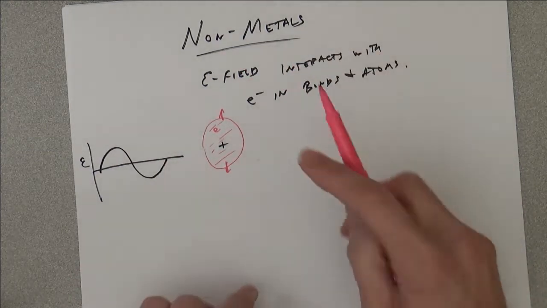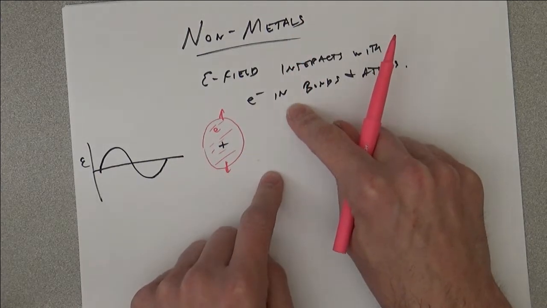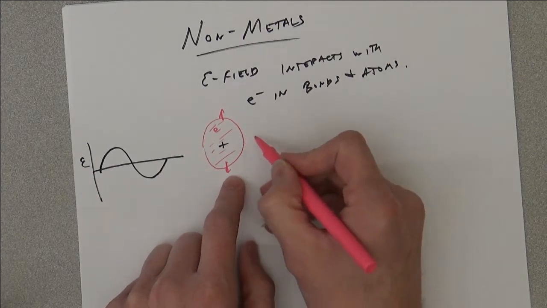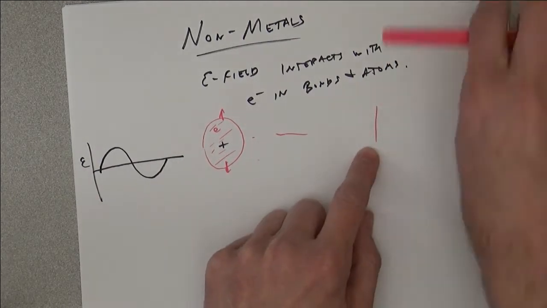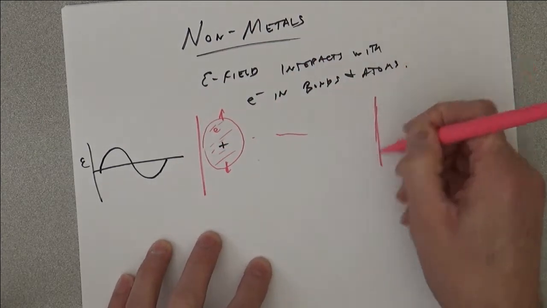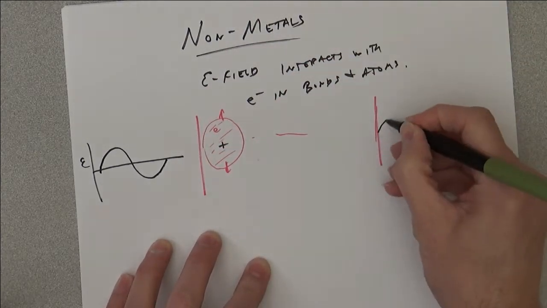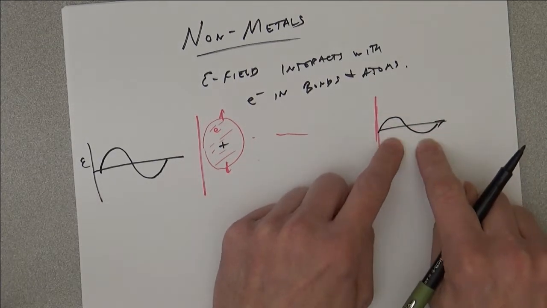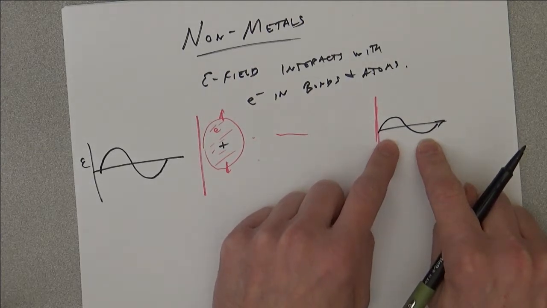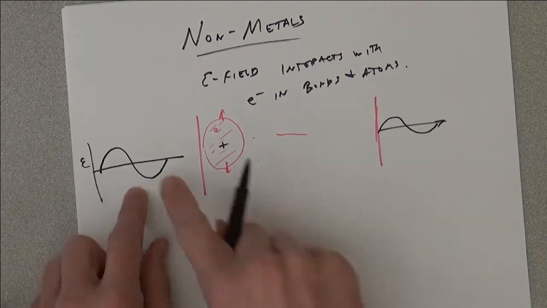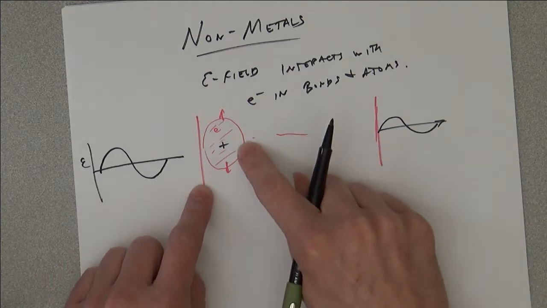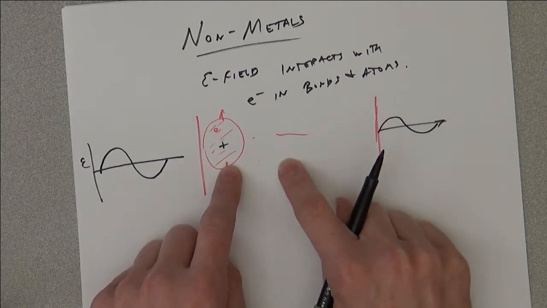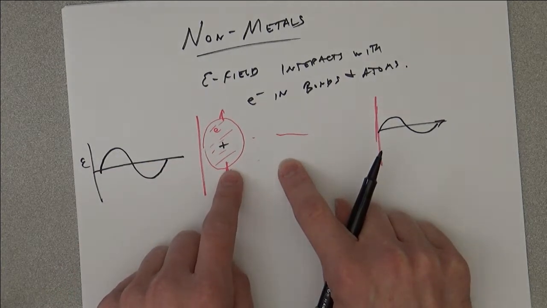And when they oscillate, then they will further emit an electric field, and they'll pass from one to the next until they get to the other edge, and they will give off an electric field. So you have transmission through nonmetals via the interaction of the electric field that's oscillating with the electrons around the atoms and the bonds.